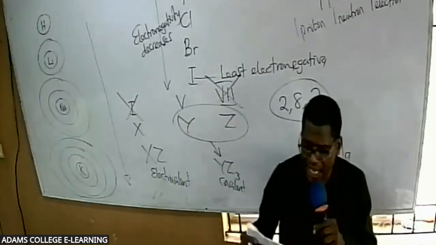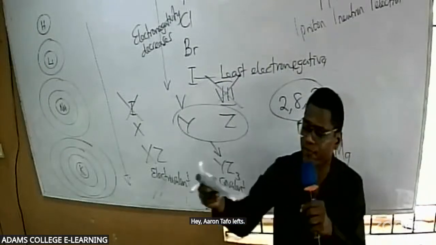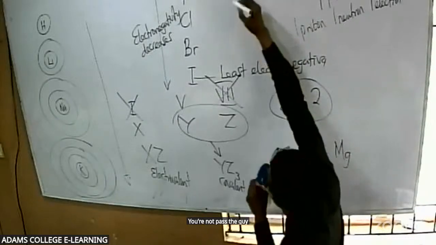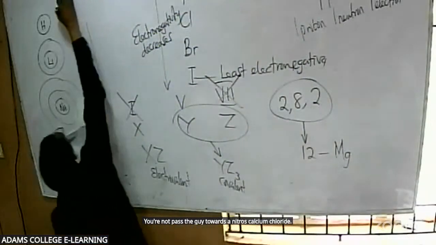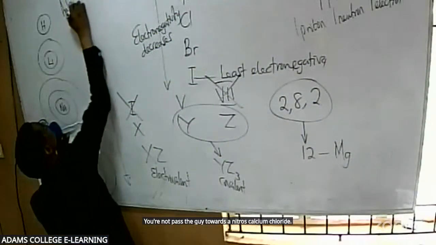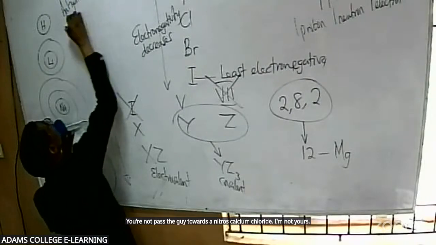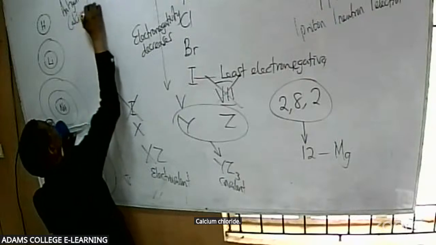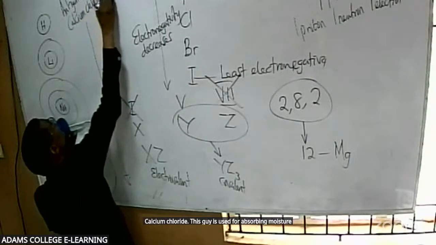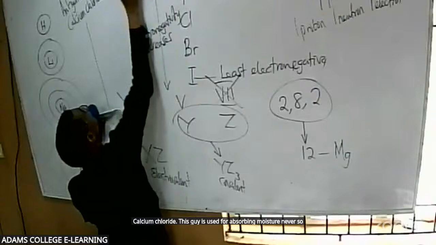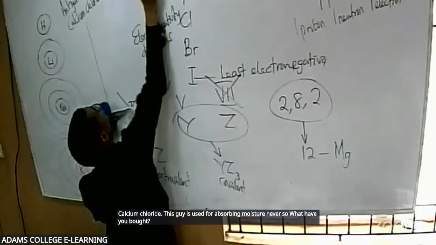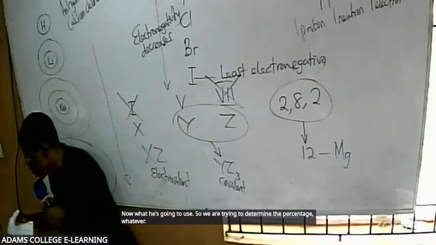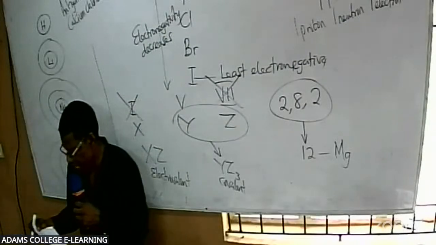Air enters from the left, air comes out from the right. You now pass the gas through what? Anhydrous calcium chloride. This is used for absorbing moisture, so for water vapor. So we are trying to determine the percentage of water vapor in the air.